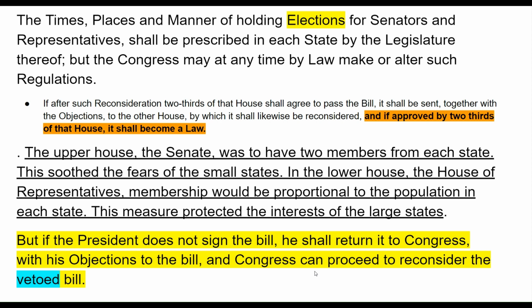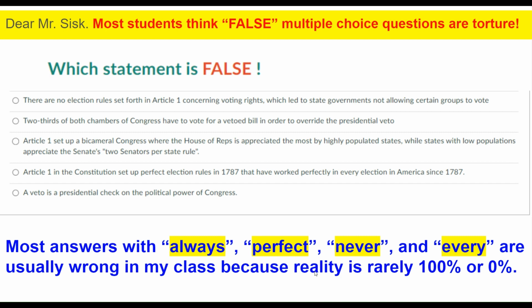And so if a state wanted to take 190 years to not let minorities or women vote, a state could have done that unless the Congress would have thought it was so terrible that it would step in. Okay. So that first one is true.